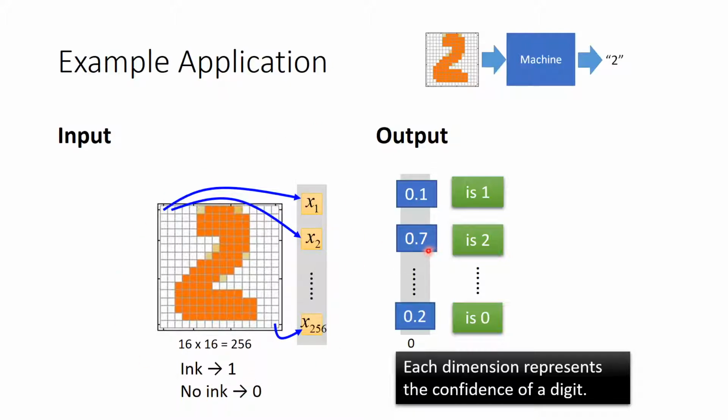We will choose the highest percentage, like 0.7. This is the highest one in the output, so we think it has the highest possibility of being 2. So the AI will think this figure will be 2.